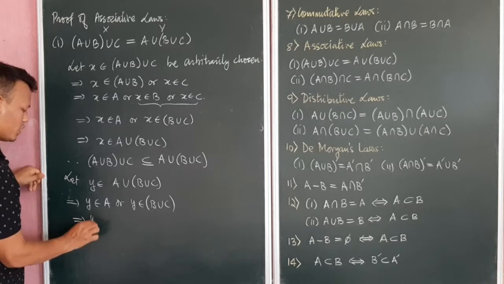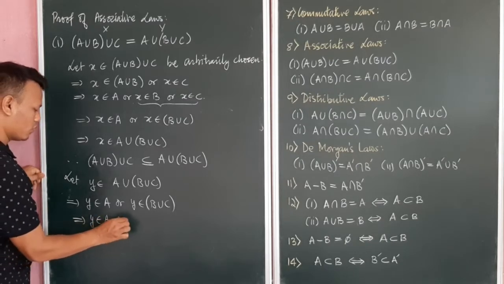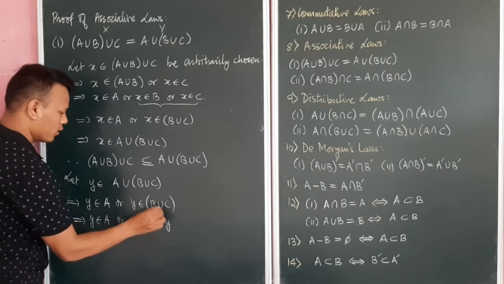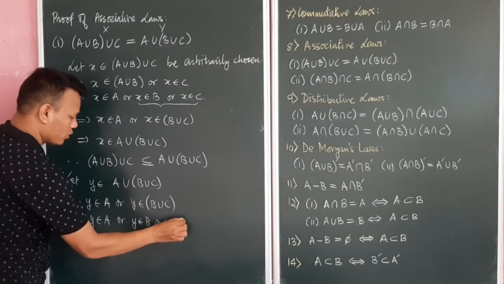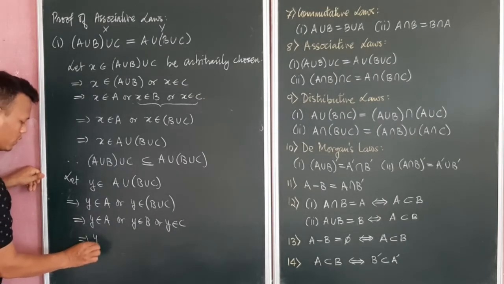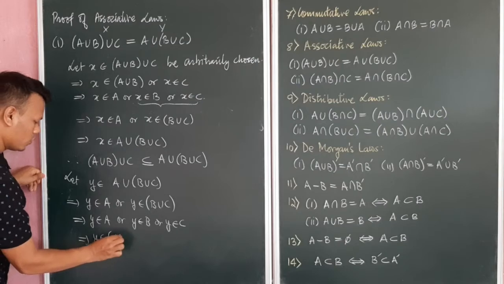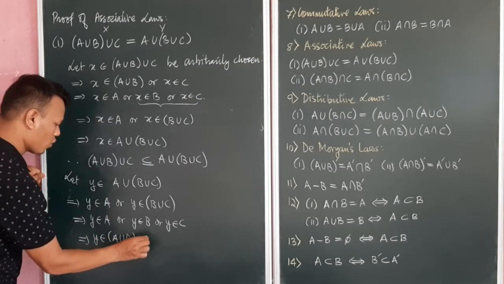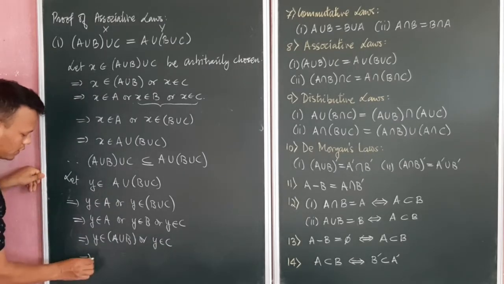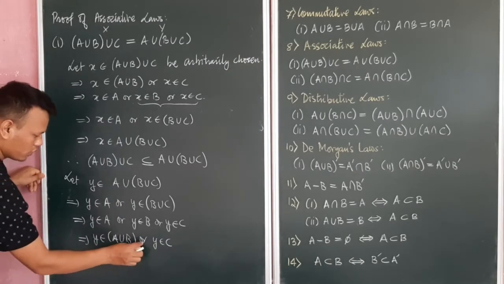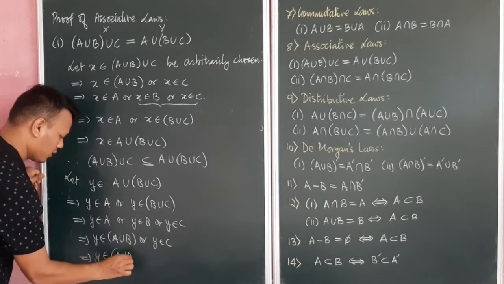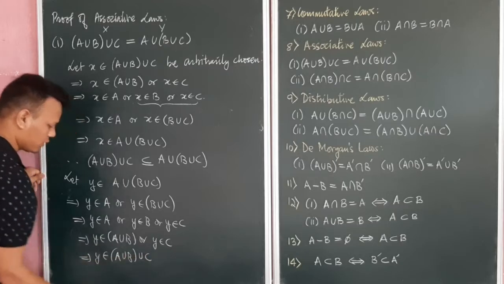So this means y belongs to A is already there, or this means y belongs to B, or y, this means or y belongs to C, right? Now again, if you combine these two, you have y belongs to A union B or y belongs to C. Now what's the meaning of this? This means that y belongs to this, or if you convert this into union, then this can be written as A union B union with C.